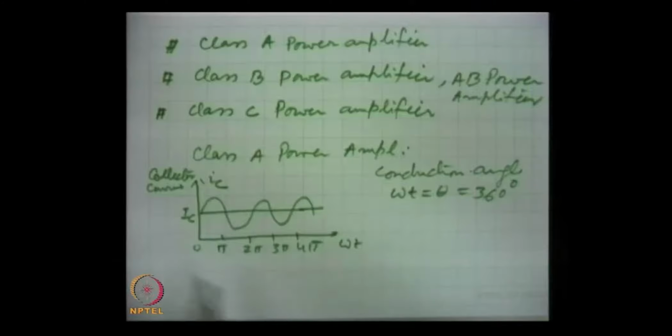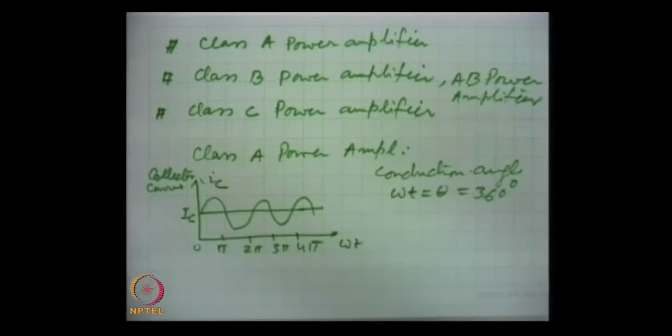Here the current and voltage swings will be very large, and we are concerned with the efficiency of the circuit and what is the maximum power the circuit can deliver. These we will be seeing.